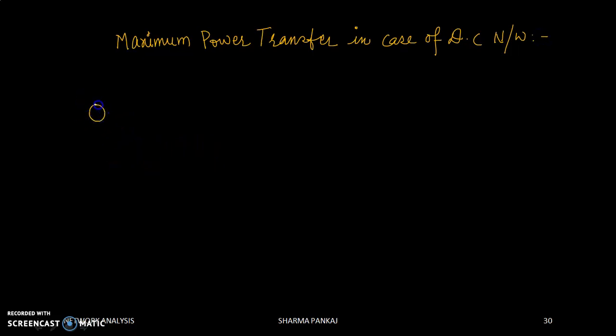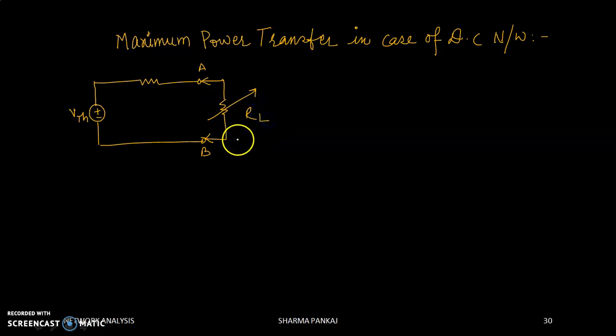That is your VTH, these are terminals, name them A and B, and this is the load connected across the terminals A and B. Let us say it is load RL, and this is your Thevenin resistance.